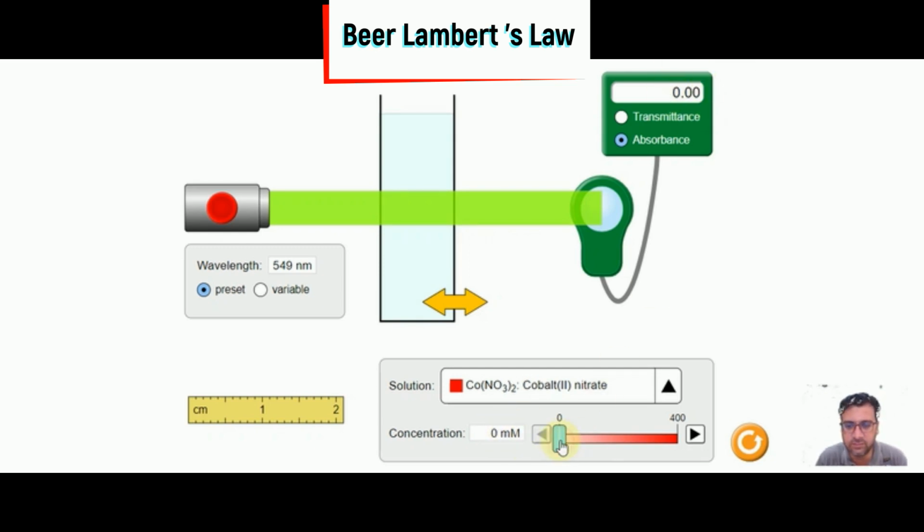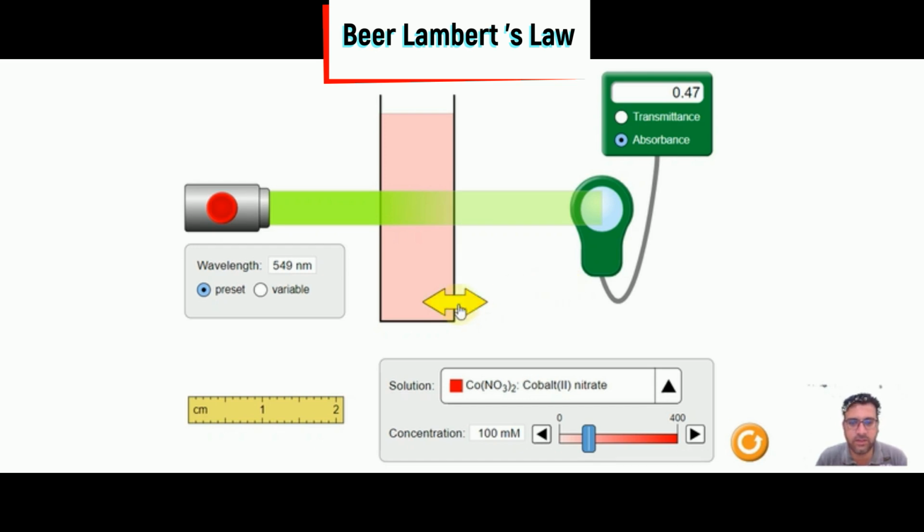As we increase the concentration of the sample, absorbance increases. For 100 millimolar concentration of cobalt nitrate, the absorbance is 0.47. So, according to Beer-Lambert's law, absorbance increases by increasing the concentration of the sample.